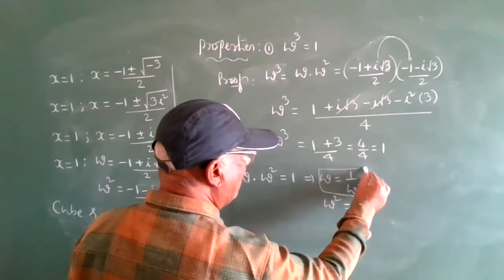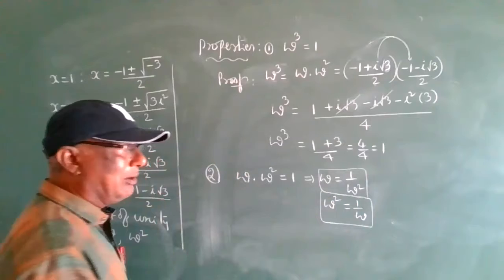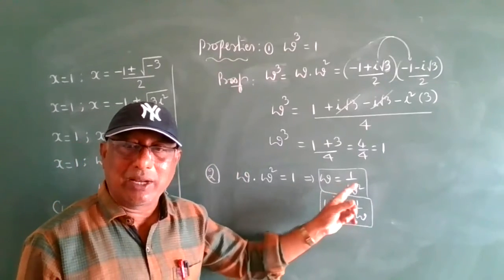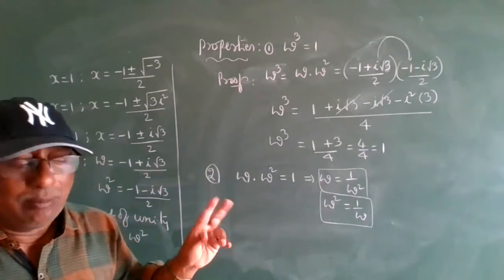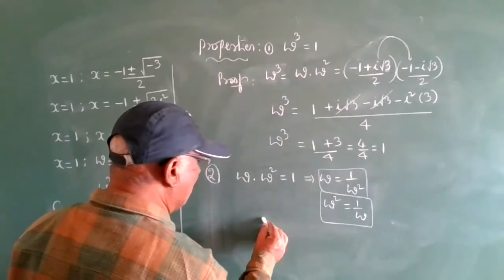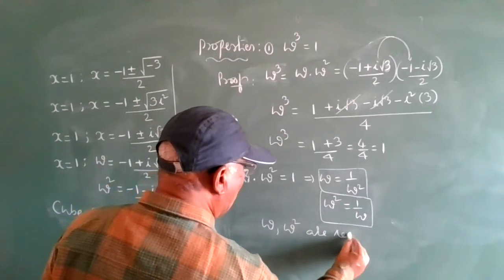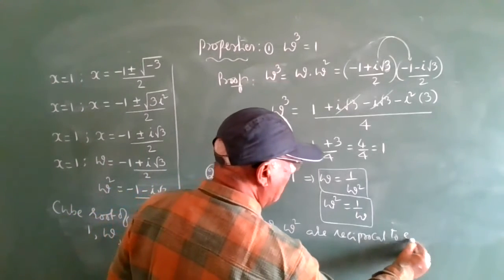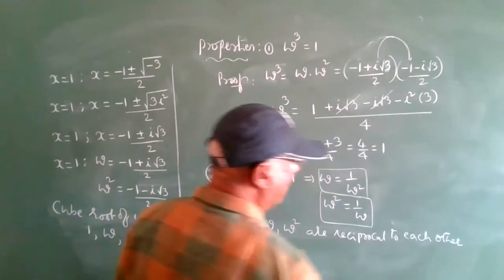In the place of 1 by omega we can write omega square, and in the place of 1 by omega square we can write omega. Both are reciprocal to each other. One more point is completed.